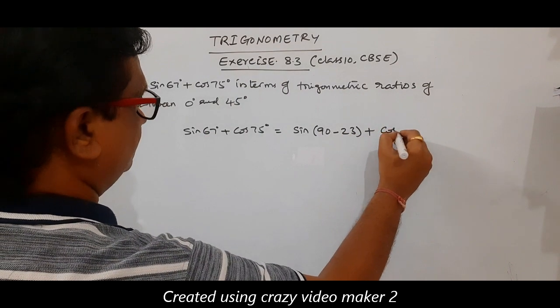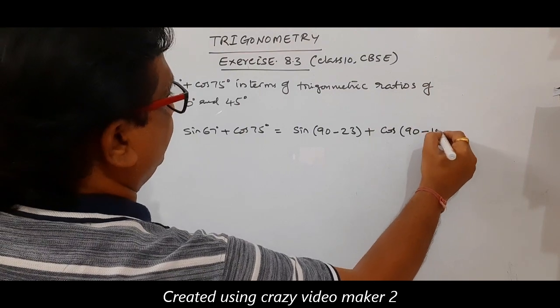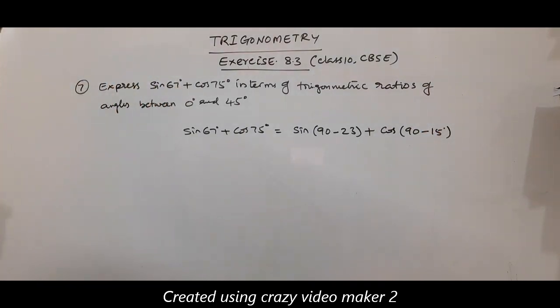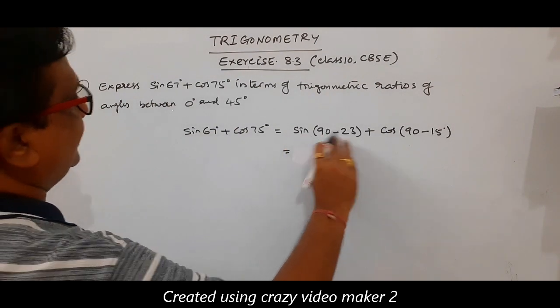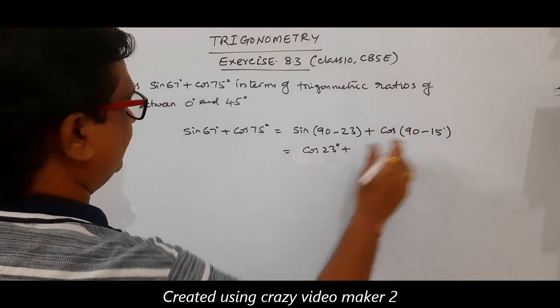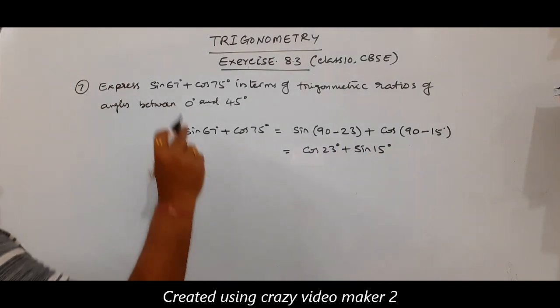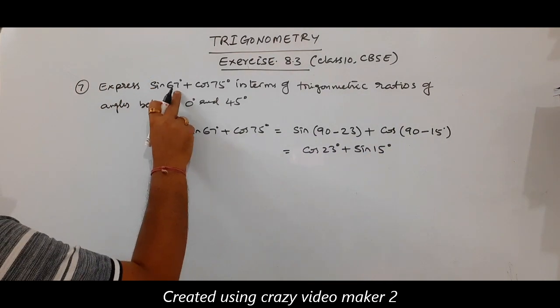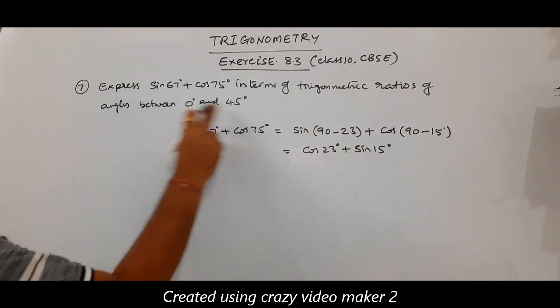Cos of 90 minus 15. 90 minus 15 is 75. So sin 90 minus theta is cos theta, cos 90 minus theta is sin theta. So here the question is sin 67 plus cos 75 in terms of trigonometric ratios of angles between 0 to 45.